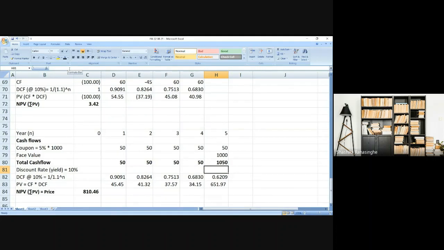So what is the difference between the coupon and the yield? See, there are two interest rates. One is the coupon, the other one is the yield. There is a coupon of 5 and the yield is given as 10.